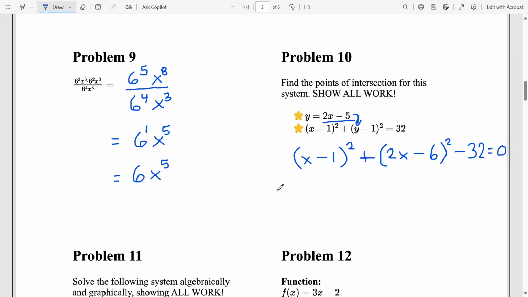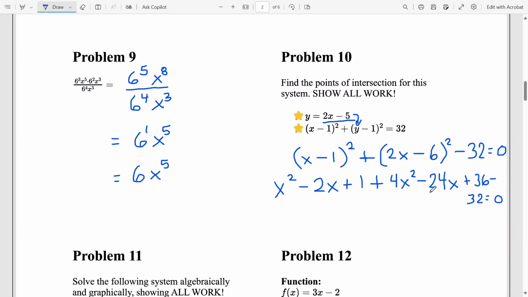Okay, so this one's going to expand to x squared minus 2x plus 1, plus this one's going to be 4x squared minus 24x plus 36, minus 32 equals 0.